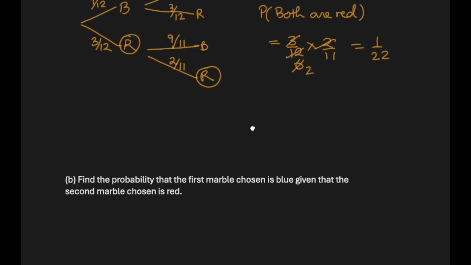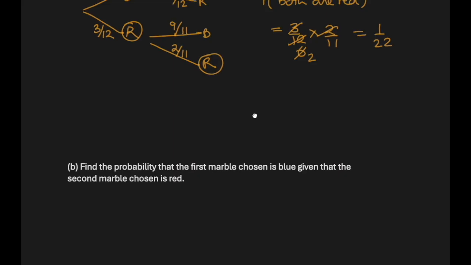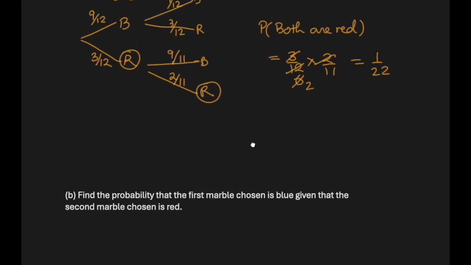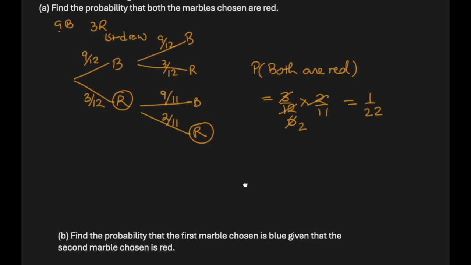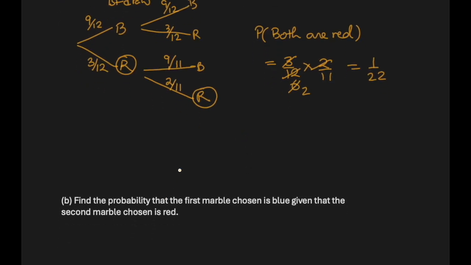Moving on to the next part, find the probability that the first marble chosen is blue given that the second marble chosen is red. Okay, so let's name them. First marble chosen is blue, let's call it event A. Second marble chosen is red, let's call it event B. So we have to find the probability of A given that B happened.